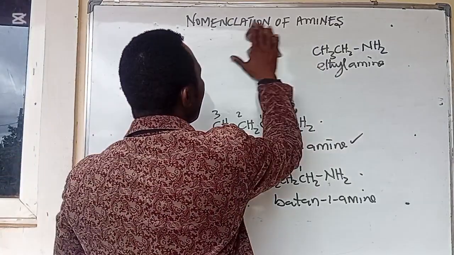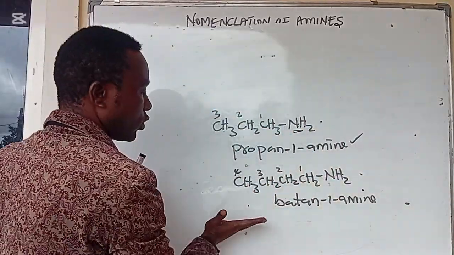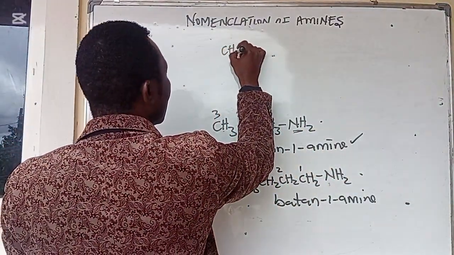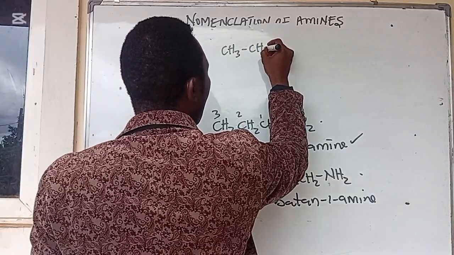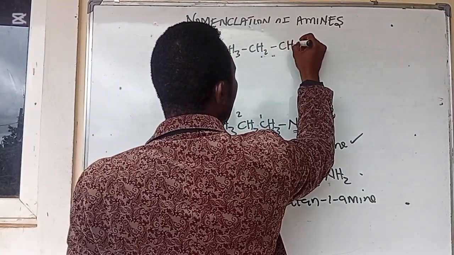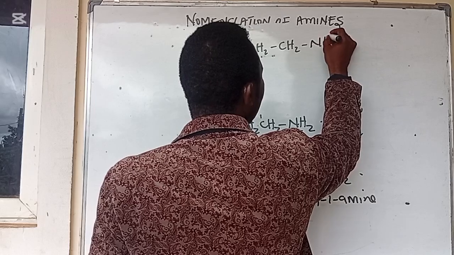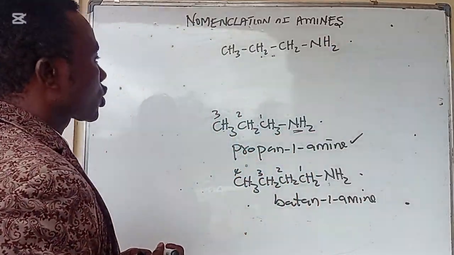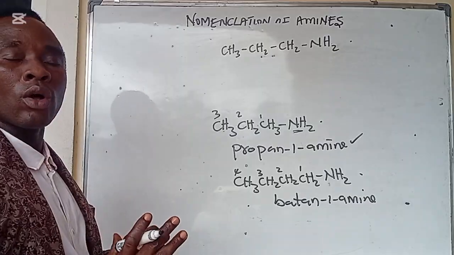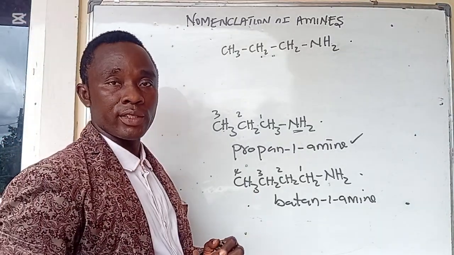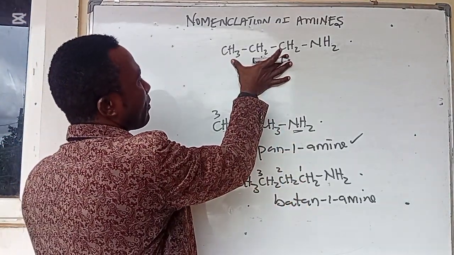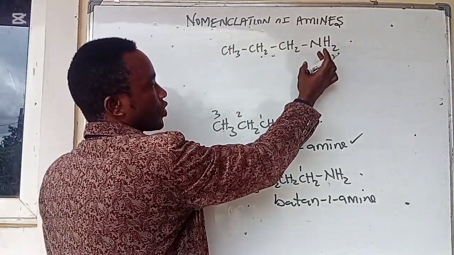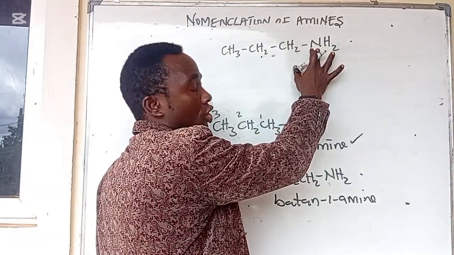Now, what if there is a substituent to this nomenclature? Let's say we have CH3CH2CH2 then NH2, the functional group. Now, we want a case where we have substituents. A substituent can be on the alkyl part or on the nitrogen.